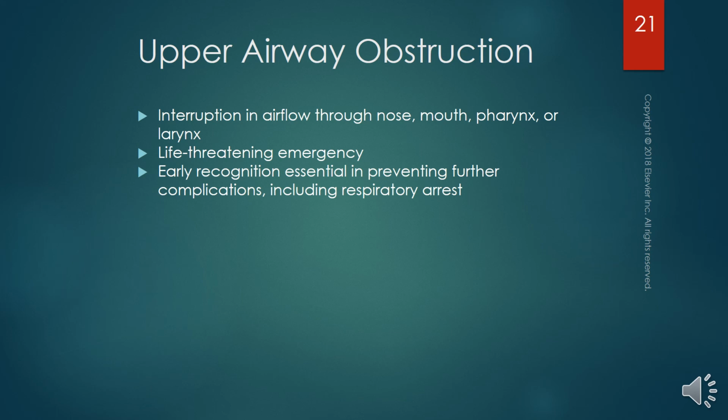Because a lot of times you'll have an obstruction of the upper airway, and you've got a little bit of passage of air around it, and then the obstruction moves and it totally occludes the airway. So early recognition is absolutely essential to prevent any further complications, including respiratory and cardiac arrest.